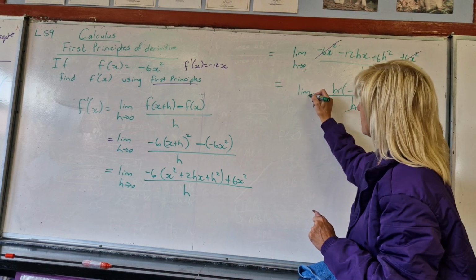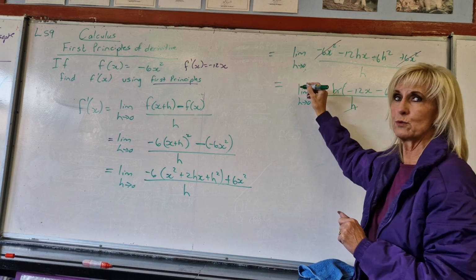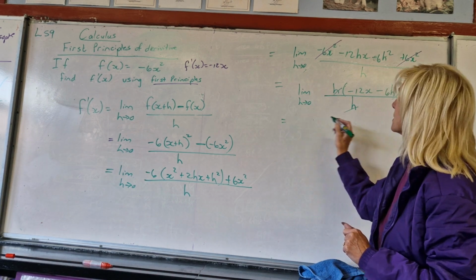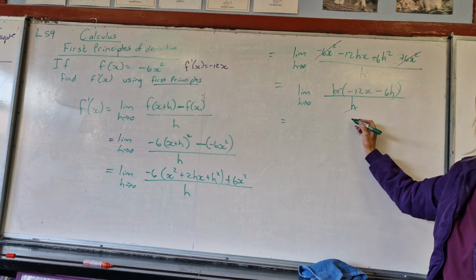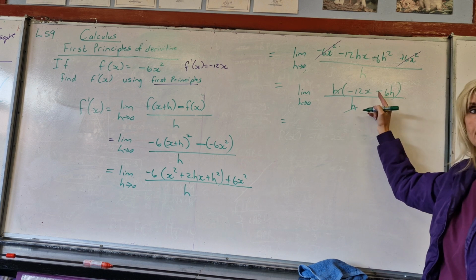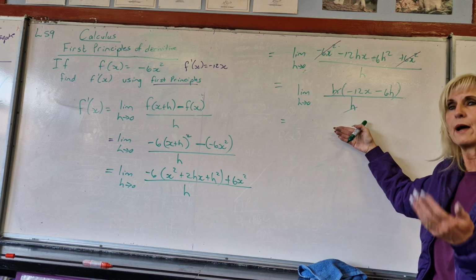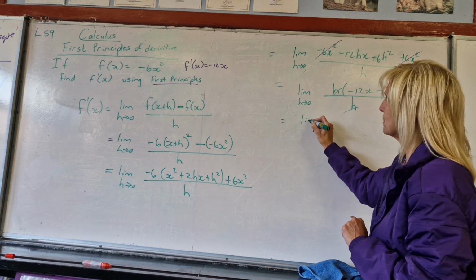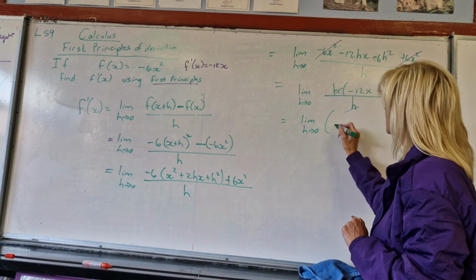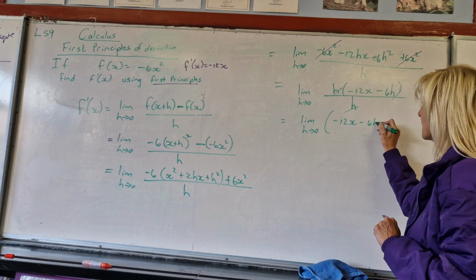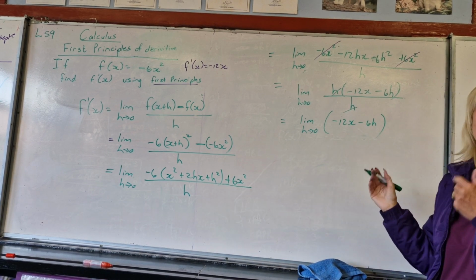And still the lim is here in the front. The limit of h tends to 0. So can I now substitute the h? Now that I've simplified and I've made my problem disappear, the h is not at the bottom, I can substitute. For my first example, I'm still going to rewrite this as minus 12x minus 6h. But you could have immediately now substituted.